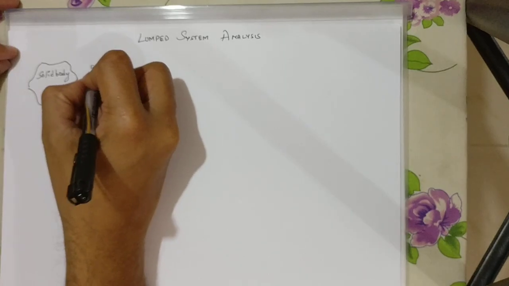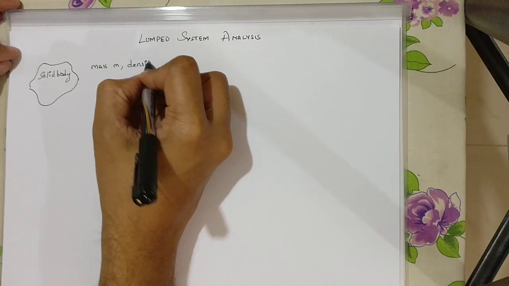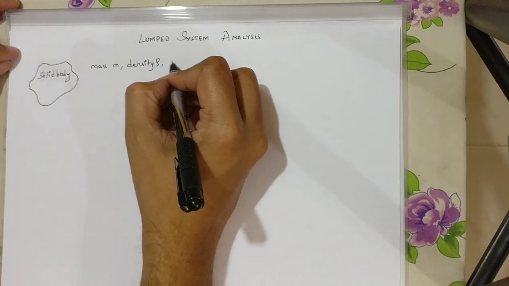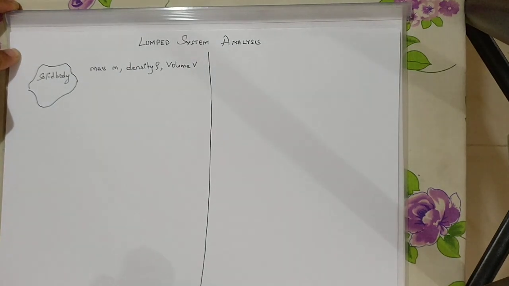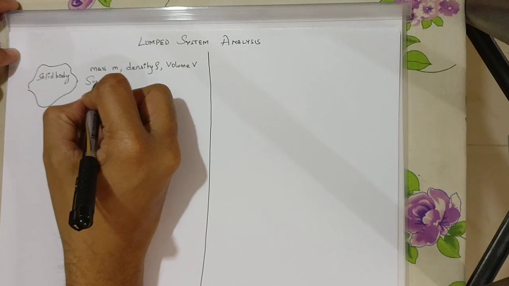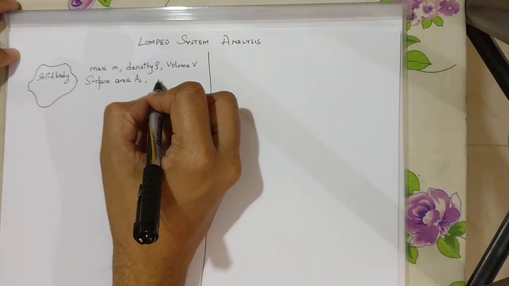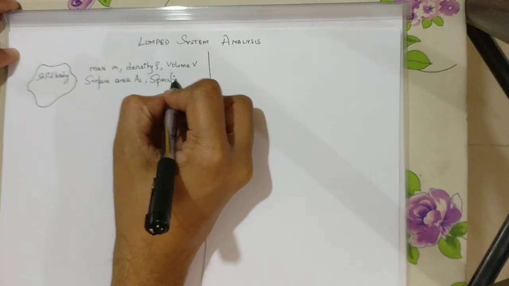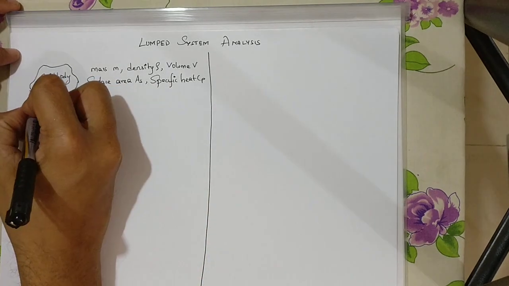So let us consider a solid body of any arbitrary shape, something like an amoeba, whose mass is m, density is rho, volume is V, surface area As, specific heat C.